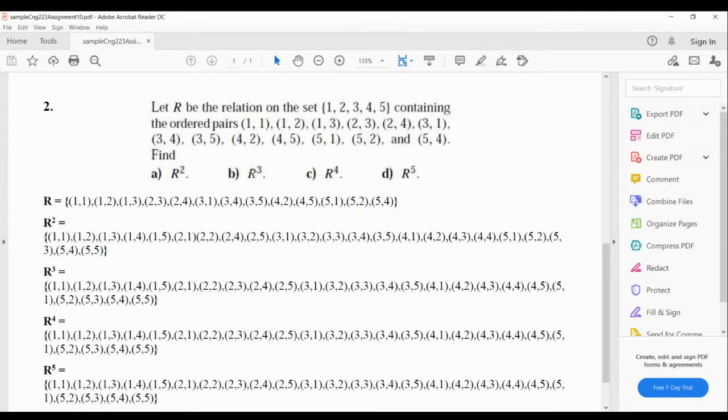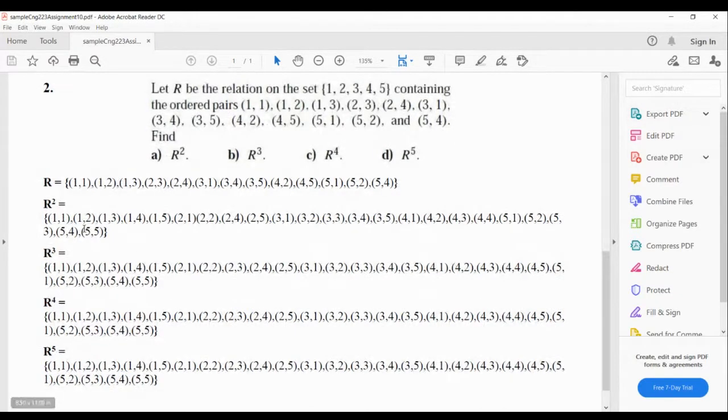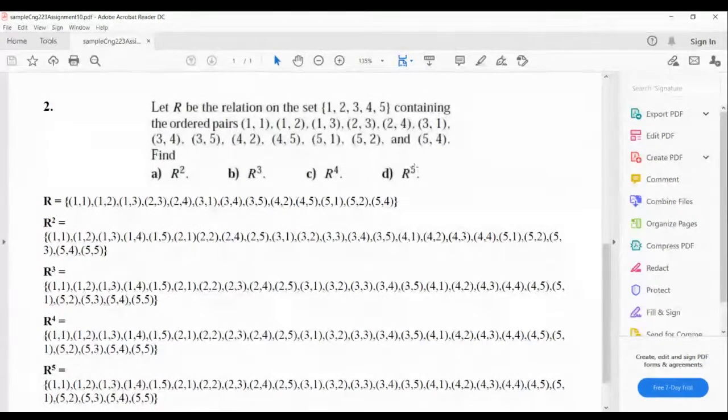So whenever you find the trend, then you would say R4 and R5 are equal to R3 and R2, so you don't need to calculate any longer. But if there is no equality between them, then you need to calculate until R5. I didn't check whether these calculations are correct or not, but that's the thing you should take into account, so that you avoid wasting time if you find out that you can't find the trend.